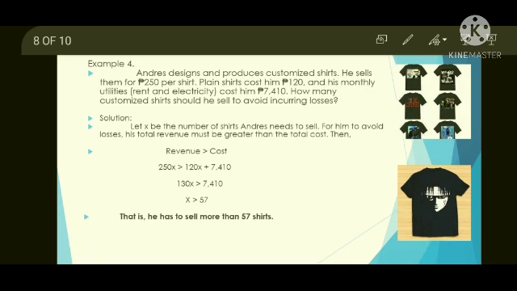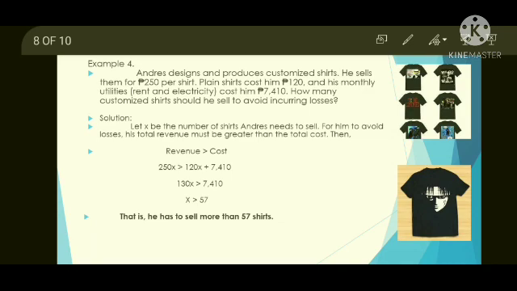In our problem, he sells them for 250 pesos per shirt. That is already the amount of our revenue times the number of shirts Andres needs to sell. That makes our equation 250x greater than the cost.